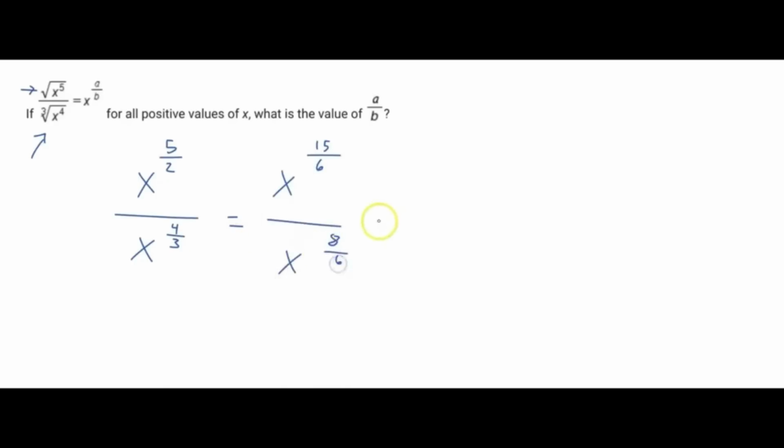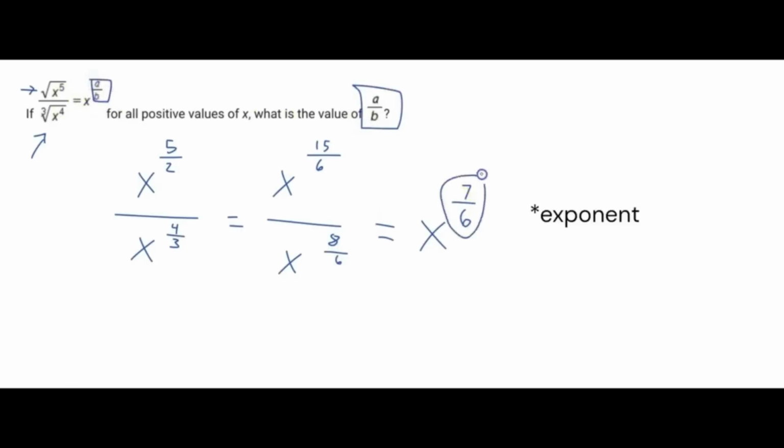And now, because we have the same base, we can just subtract the powers. So 15 sixths minus 8 sixths is just 7 sixths. Ultimately, they want to find the value of a over b. We can see a over b is just the power above x, and there is your answer. So the answer here is 7 over 6.